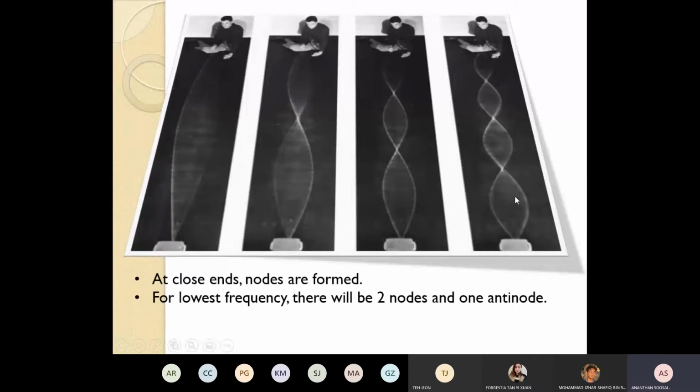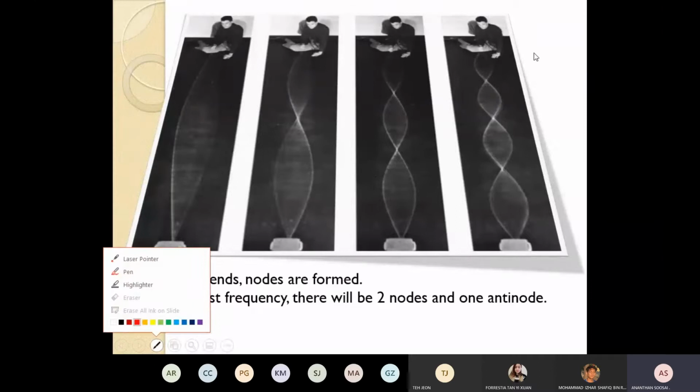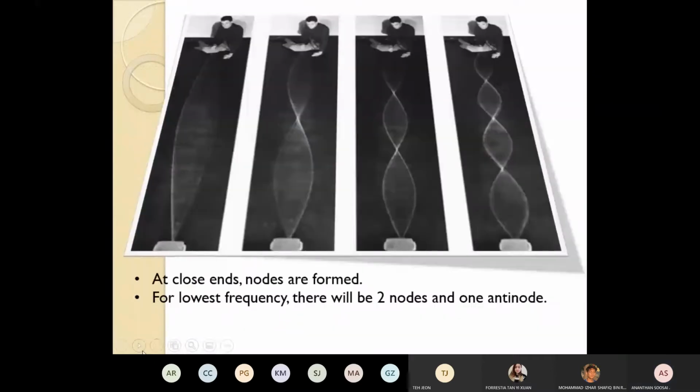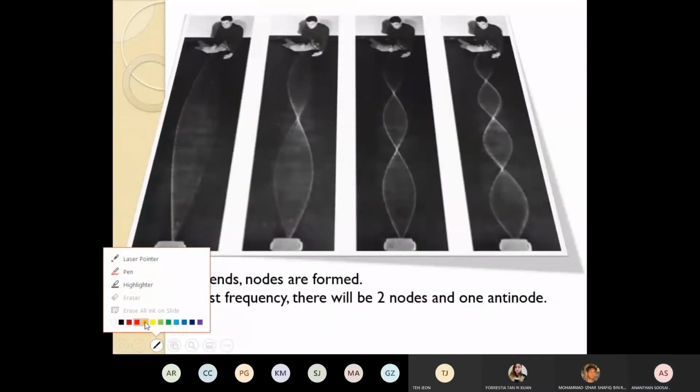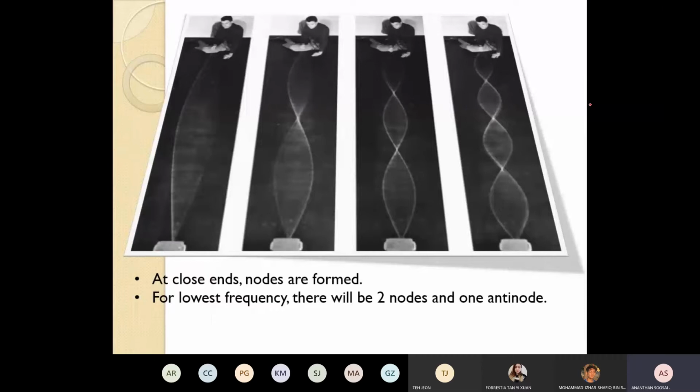So when you raise the frequency, you get more loops. When the frequency is raised, of course the wavelength gets shorter, with the speed constant.